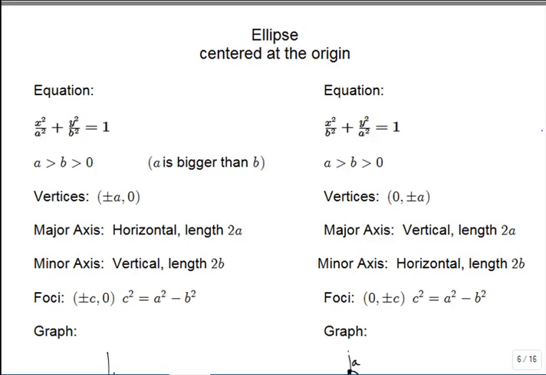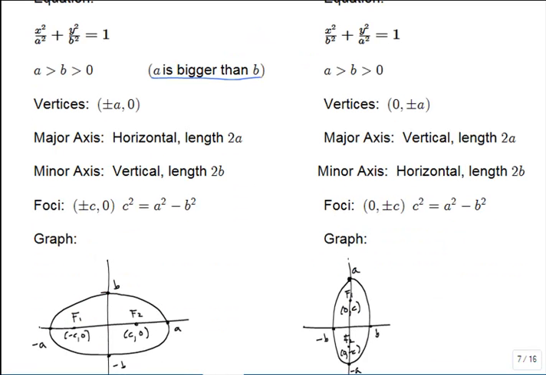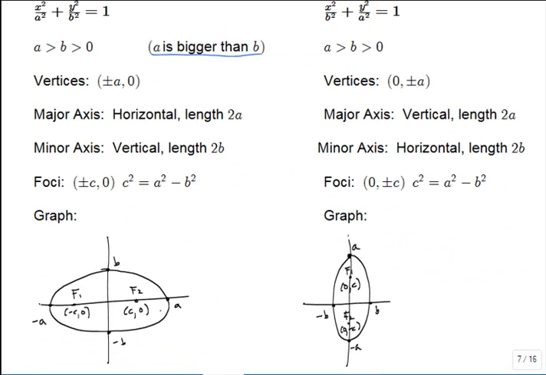So these are the two different ways that you might see an ellipse. We are going to assume for both of these cases that a is always the bigger number. So we're going to assume that a is the larger number, therefore a squared is the larger square. So if a squared is underneath the x, then what you're going to see is an ellipse that's shaped like this, where you go a to the right and a to the left because the a is under the x.